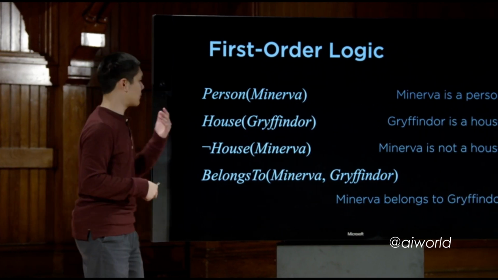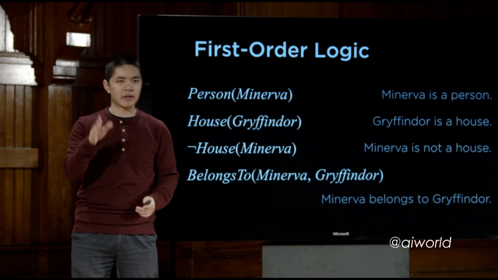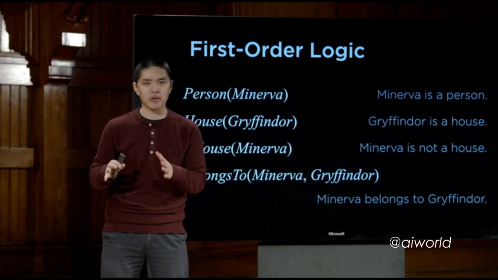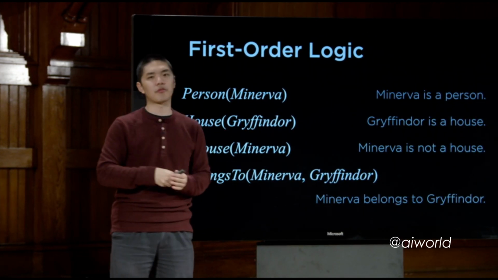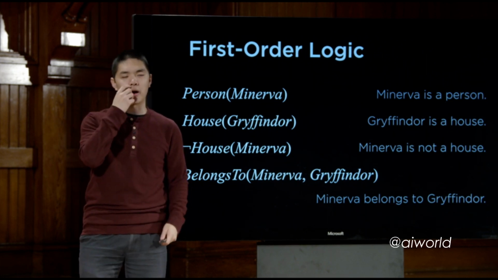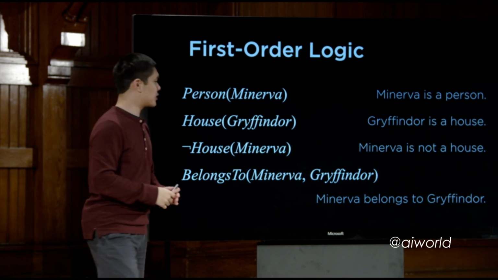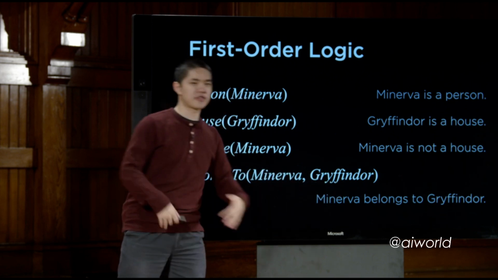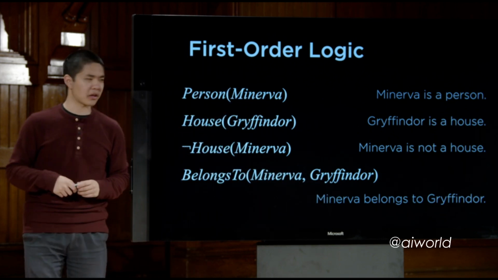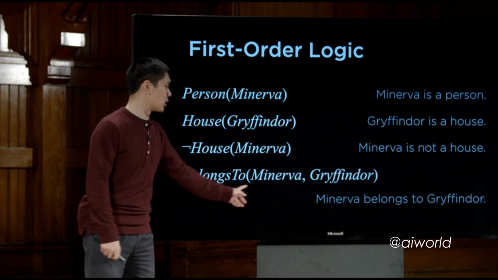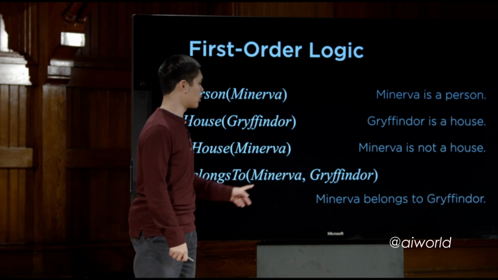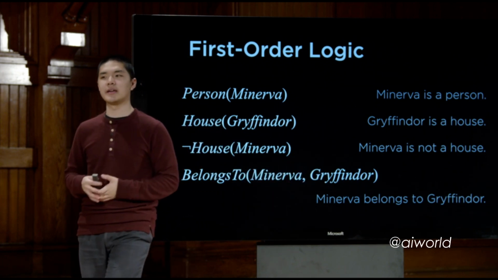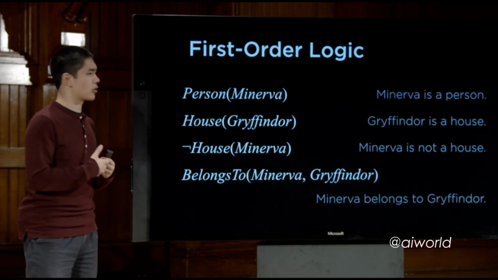And so now here's the key difference, or one of the key differences between this and propositional logic. In propositional logic, I needed one symbol for Minerva Gryffindor, and one symbol for Minerva Hufflepuff, and one symbol for all the other people's Gryffindor and Hufflepuff variables. In this case, I just need one symbol for each of my people, and one symbol for each of my houses. And then I can express as a predicate something like belongs to, and say belongs to(Minerva, Gryffindor) to express the idea that Minerva belongs to Gryffindor house.